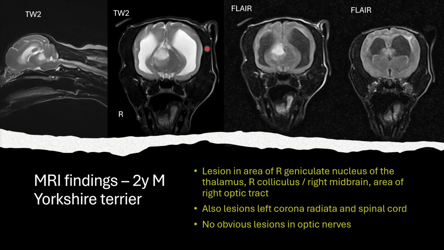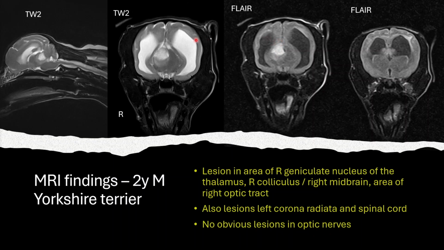And this is it in cross section here on T2 weighted images and on FLAIR images. FLAIR you can think of as highly T2 weighted images, but they remove the CSF signal, shall we say, in very simple terms.